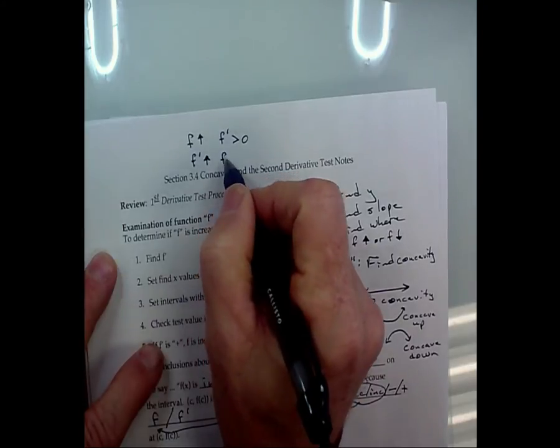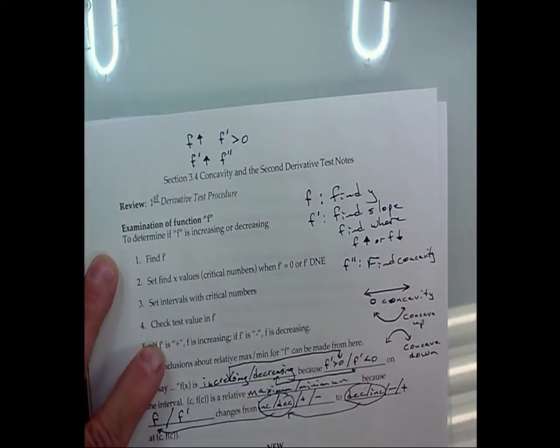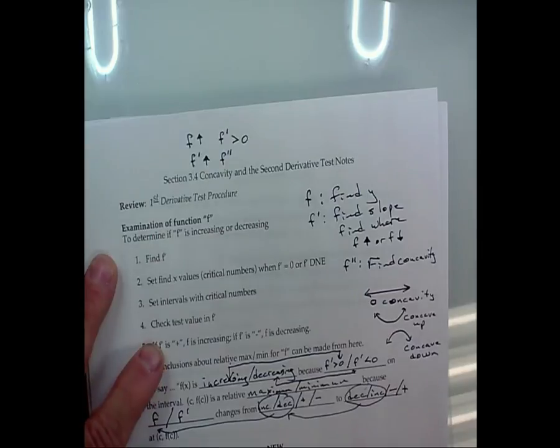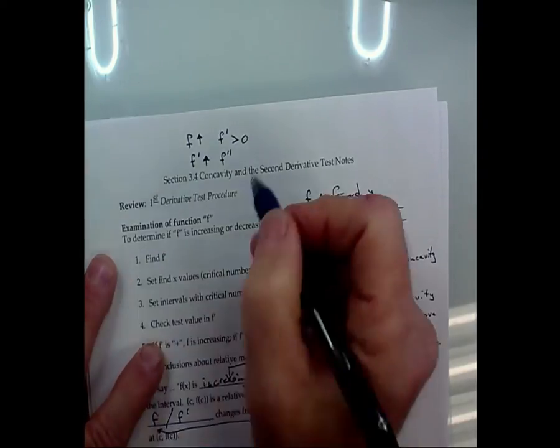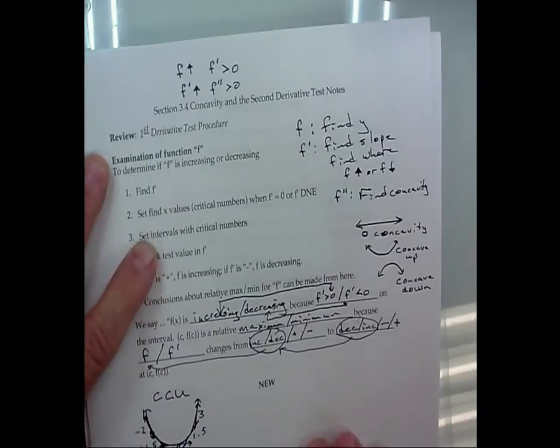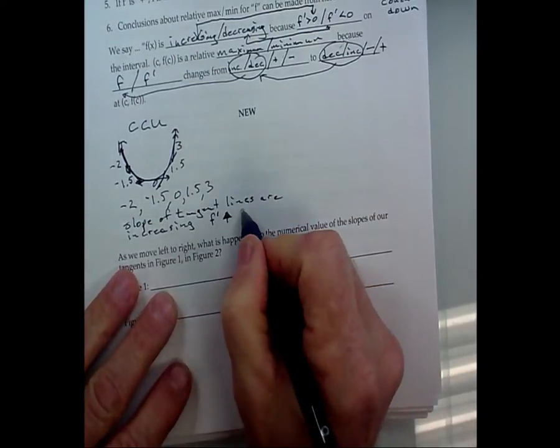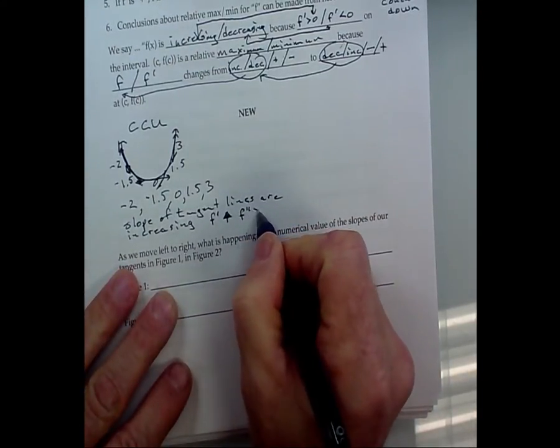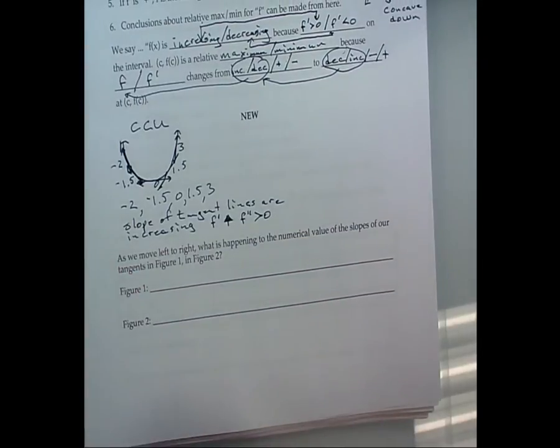What do you think it means about its derivative? Because that's what the second derivative means. It's the derivative of the first derivative. Yes, sir. It's positive. So this means here that f double prime, the second derivative, is positive.